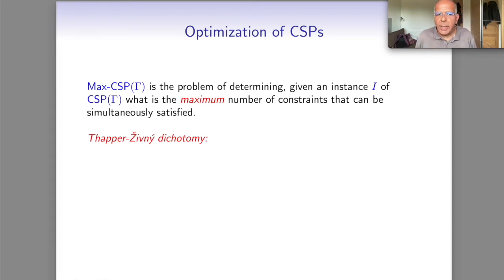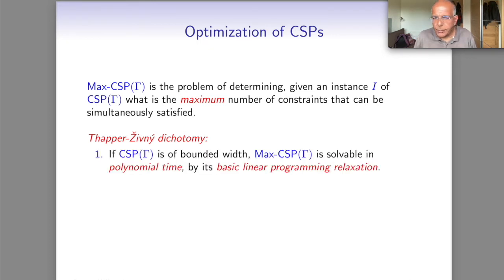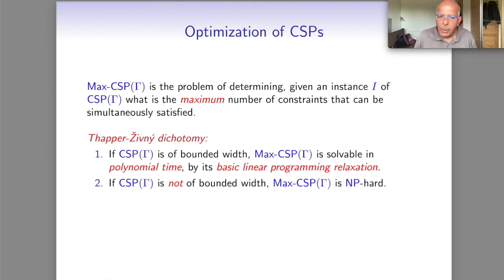So here again, we have a dichotomy, an interesting one by Thapper and Živný, who showed that as long as this constraint satisfaction problem is of bounded width, then the maximization problem is solvable in polynomial time by its basic linear programming relaxation. But if it's not of bounded width, the problem is NP-hard.